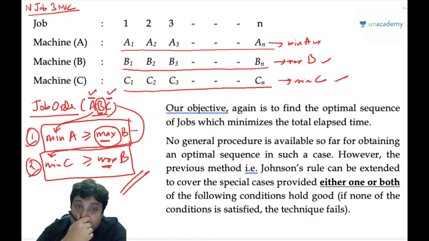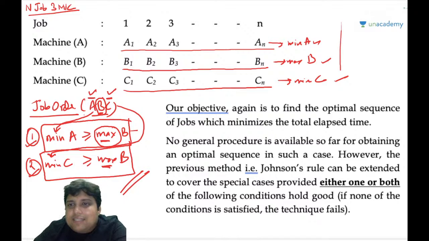we can proceed. Let me tell you with one more situation. Let's say the order is BAC. First I will process the job on machine B, then on A, then on C. In this case, what will the two conditions be?